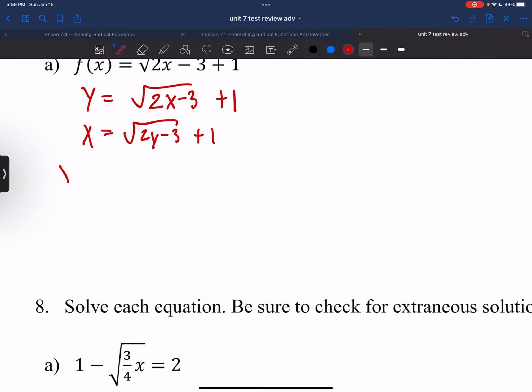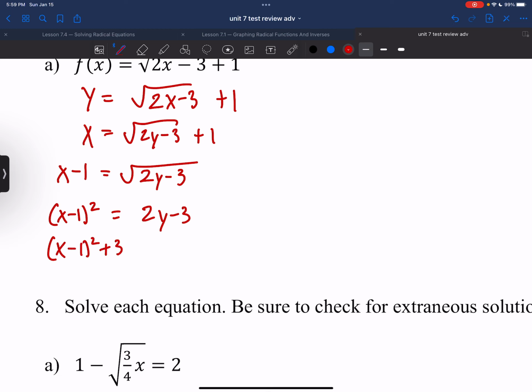So I will start by subtracting 1, and then I'll square both sides. Then I'll add the 3, and then I'll divide by 2. Which means x minus 1 squared plus 3 all over 2 equals y.